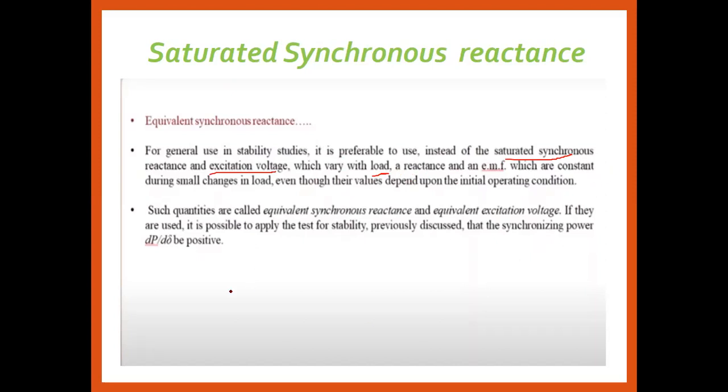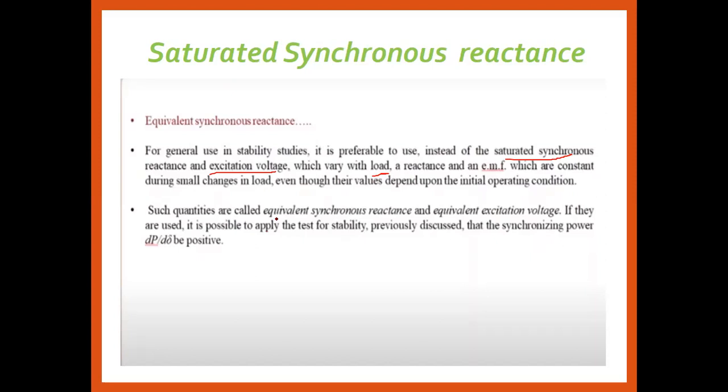Means what? Saturated reactance generally depends upon which parameters? Number one, load. Second, reactance. Third, the excitation voltage, which is generally constant during a small change in the load in the normal operating condition. Such quantities are called the equivalent reactance.